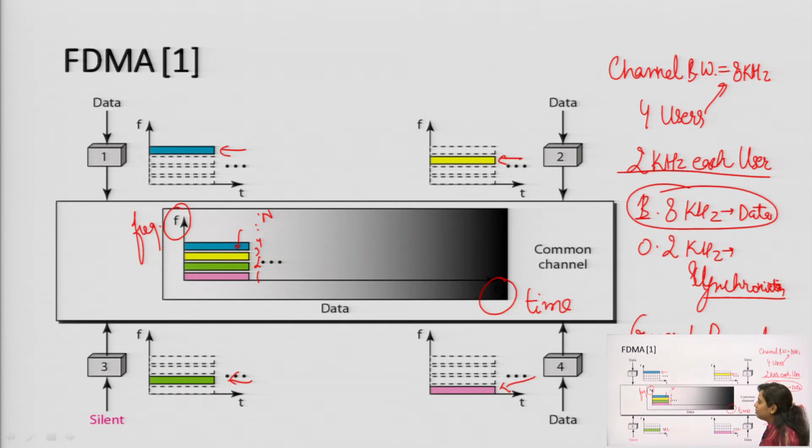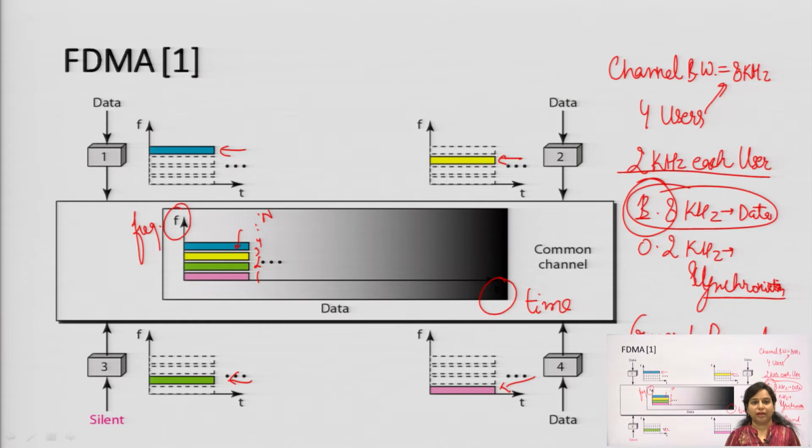So, these are the frequency bands that have been allocated to each of the stations, and they can only transmit their information in their allocated frequency band. Let us say the first user has data of 2.1 kilohertz, which exceeds this range of 1.8 kilohertz. So, that particular data will not be transmitted in full, it will only be allowed to transmit data in the 1.8 kilohertz frequency band. In the next cycle or next revolution, it will transmit the remaining data.